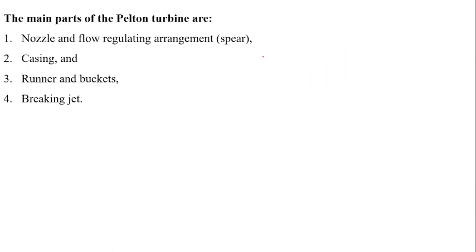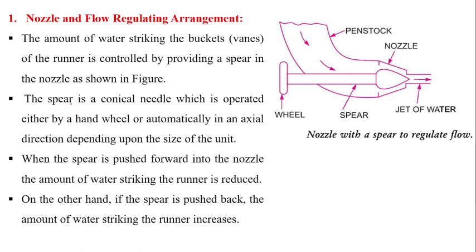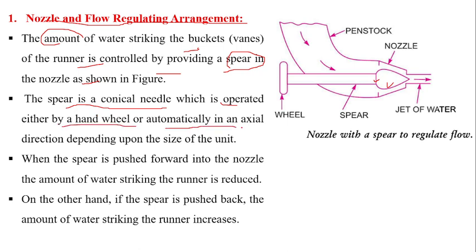The main parts of the Pelton wheel are the nozzle and flow regulating arrangement, casing, runner and buckets, and braking jet. In the nozzle and flow regulating arrangement, the amount of water striking the buckets of the runner is controlled by providing a spear which regulates the water flow in the nozzle. The spear is a conical needle operated by hand wheel or automatically in an axial direction, depending upon the size of the unit.